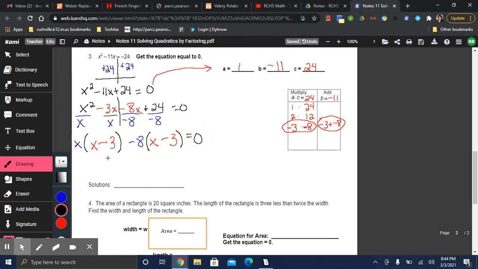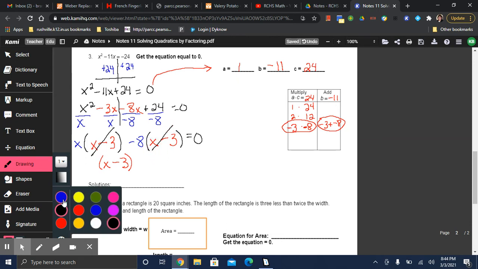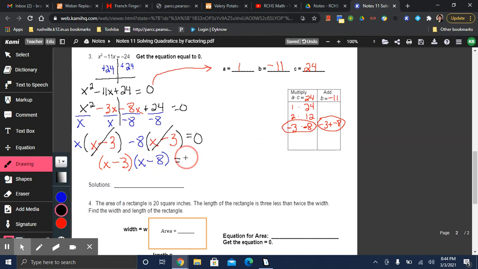Remember, we're factoring. So we have our common factor of x minus 3. And if it's still helpful to you to cancel out the x minus 3's, you can. And then your other parentheses is x minus 8, and then equals 0.